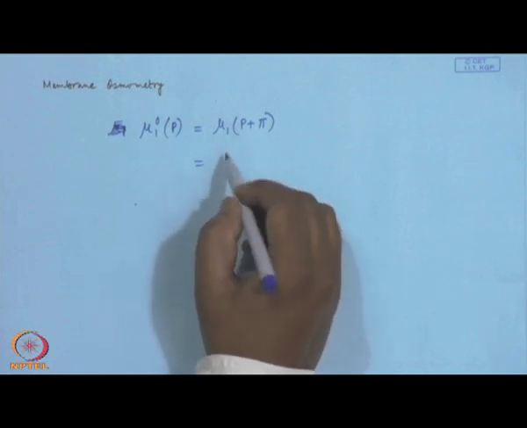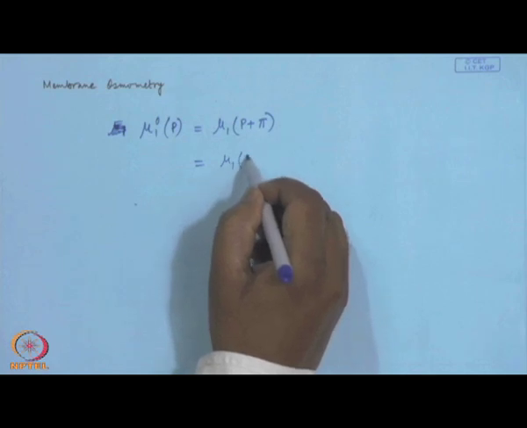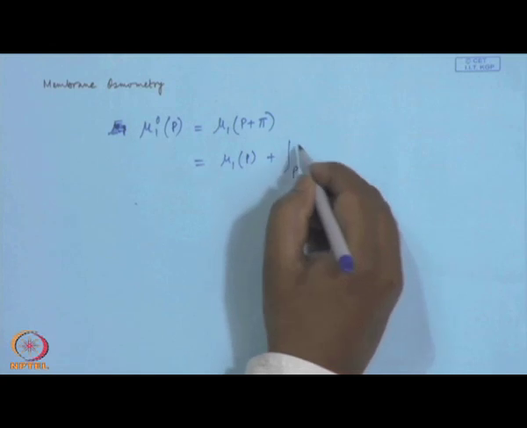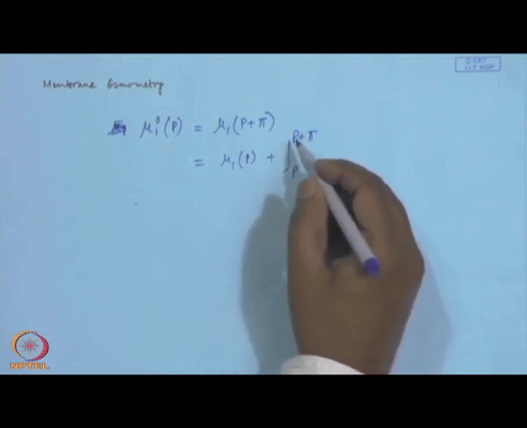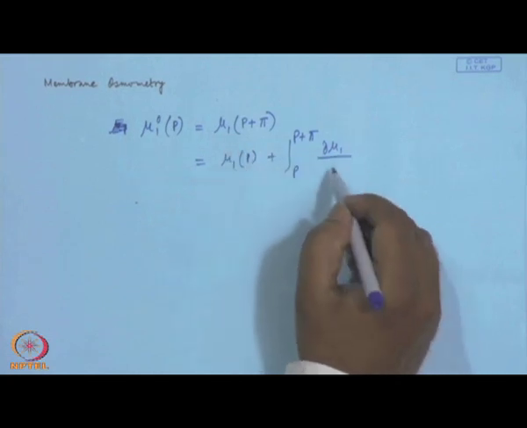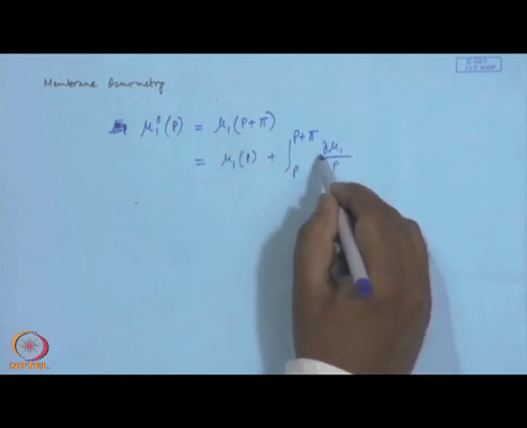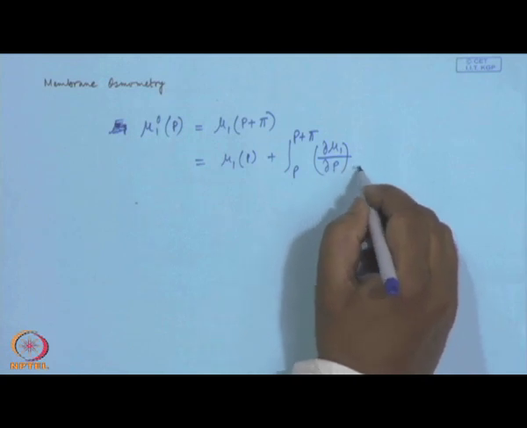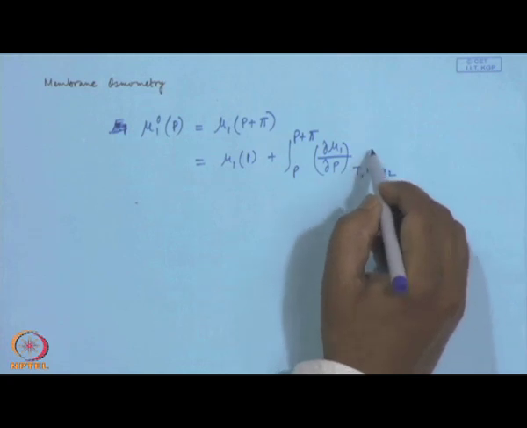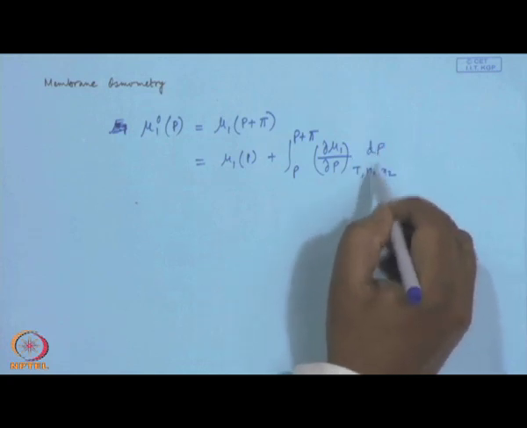So, I can write this and break it down mathematically. Remember, 1 is for the solvent, and if you generally write 2 for the solute molecules, the solute in this case is the polymer.